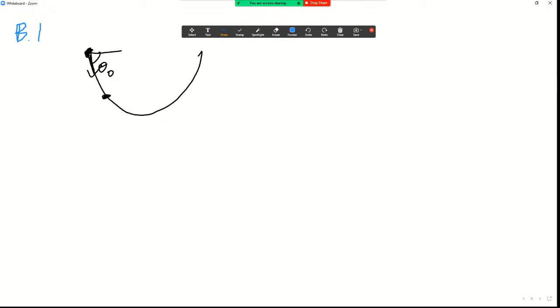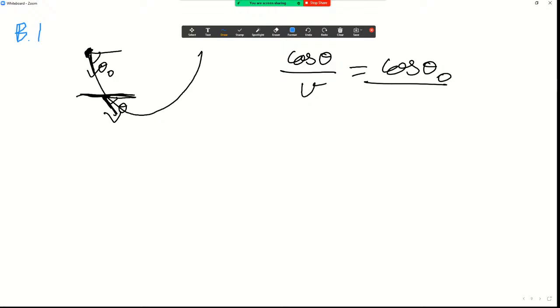So we can write any general equation: sin theta by v equals constant, equals cos theta naught by v naught. What is the initial velocity?